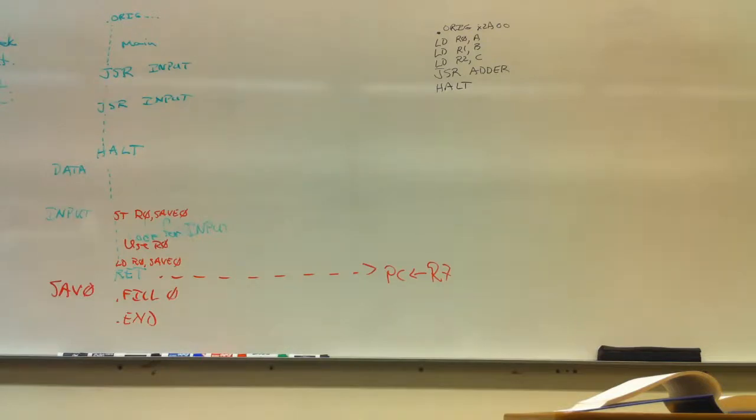If you've got a really big program, you're going to want to position those things someplace so that you can get them without going through too many song and dance kind of routines to get down to the end. The other thing is you want to be sure that you don't execute them as program instructions. That's why you have a halt before you do your data.